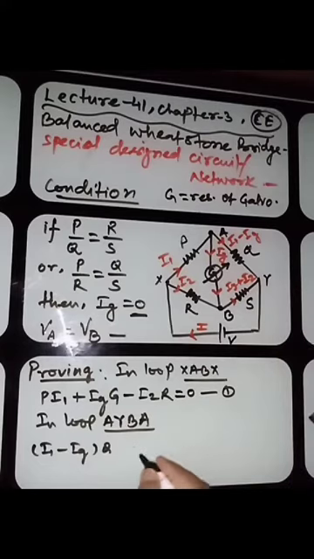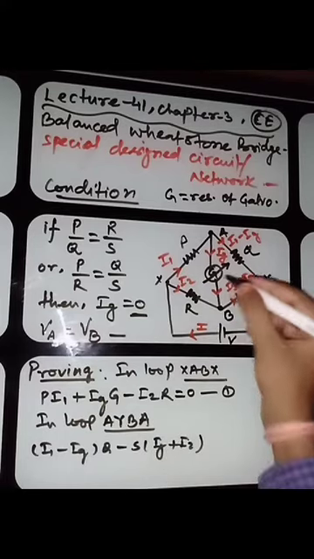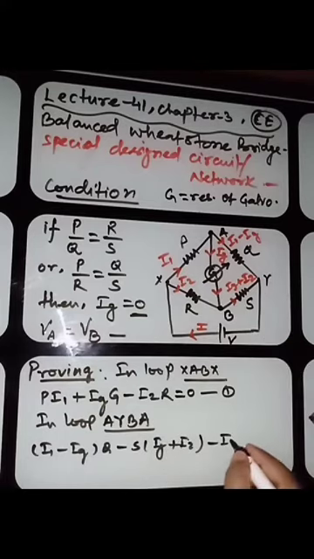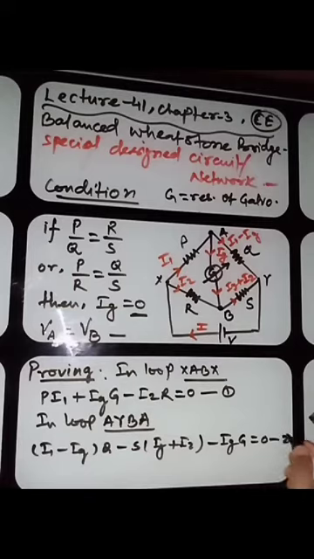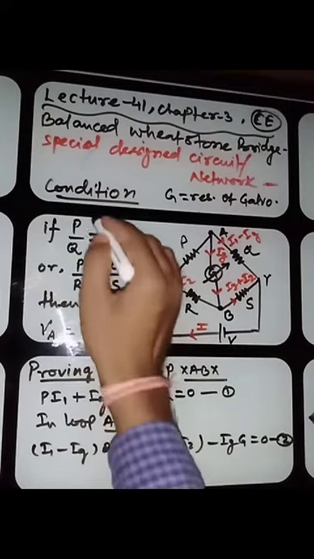Then minus IG plus I2 S, again minus IG times G, equals 0. This is equation 2. All right. Now what do we have to use? We have to use one condition, that IG equals 0, and we have to prove this one.